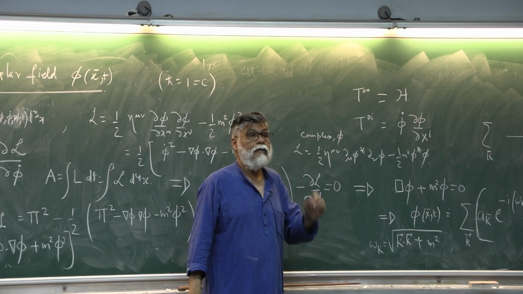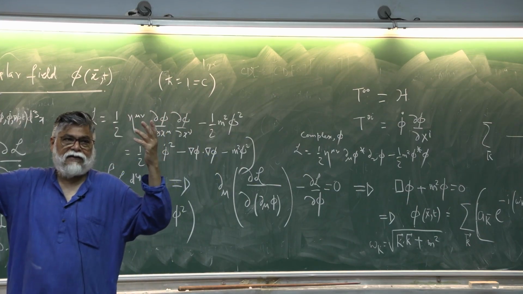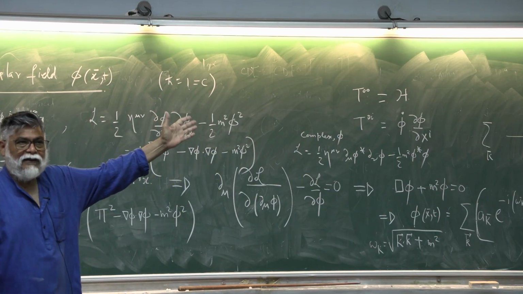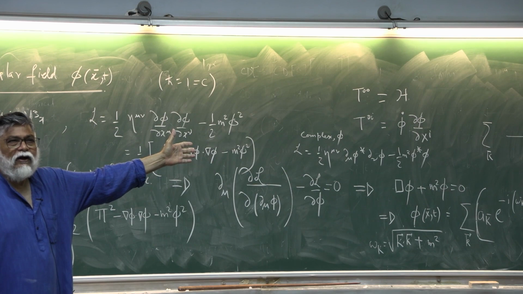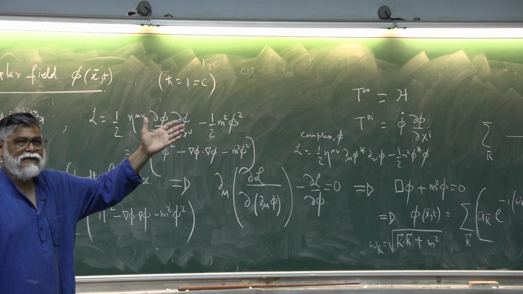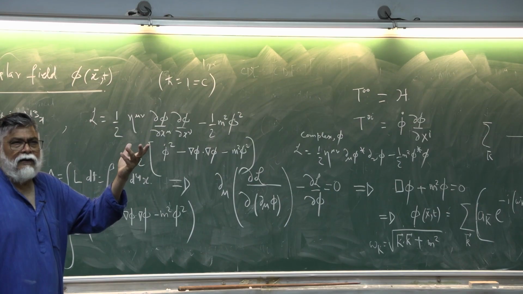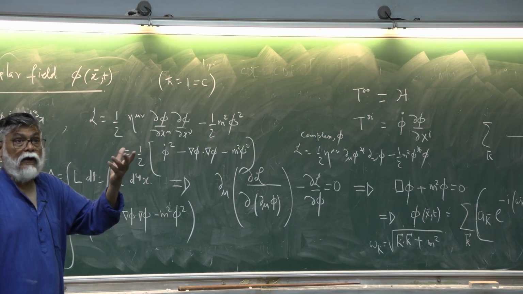M is always a real quantity. No. So Devabrata's question is, why not take m to be complex? My answer is, you better not take m to be complex, because the Lagrangian density has to be always real. And m is not a vector from the Hilbert space. No, m is a parameter.